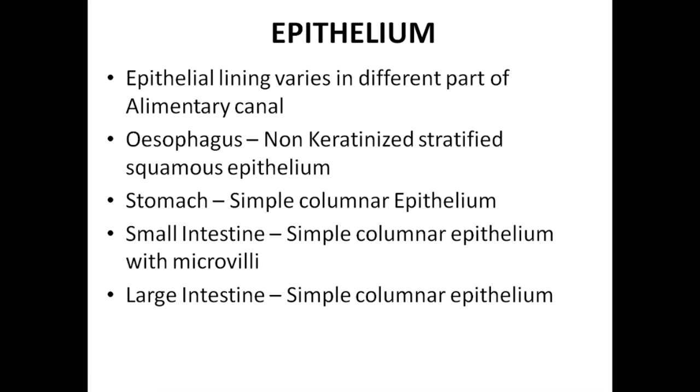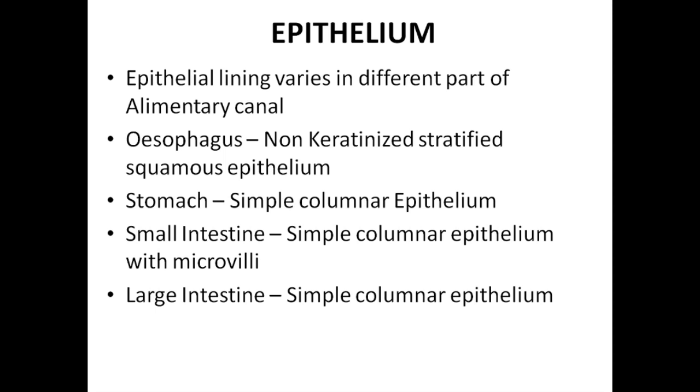The epithelium varies from region to region depending on function, because esophagus does not have any secretory or absorptive function, but it has to do the function of protection. That's why the esophagus has non-keratinized stratified squamous epithelium.